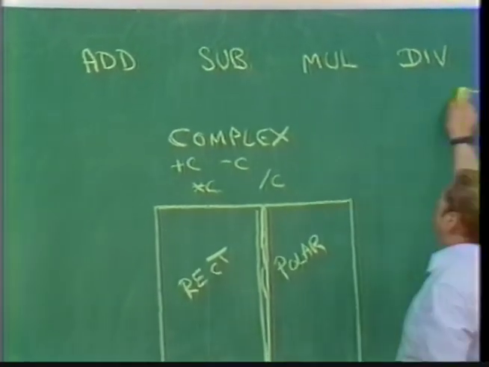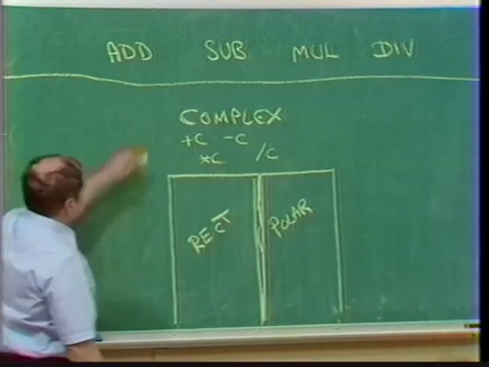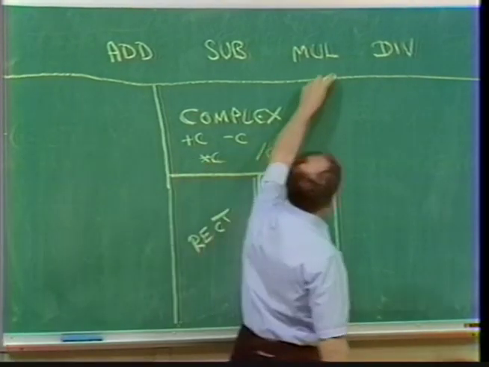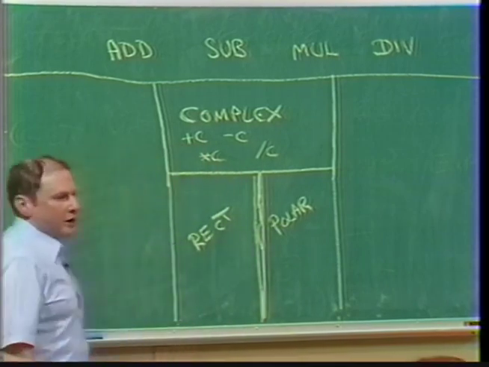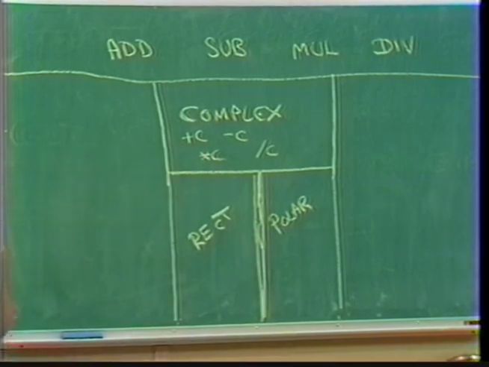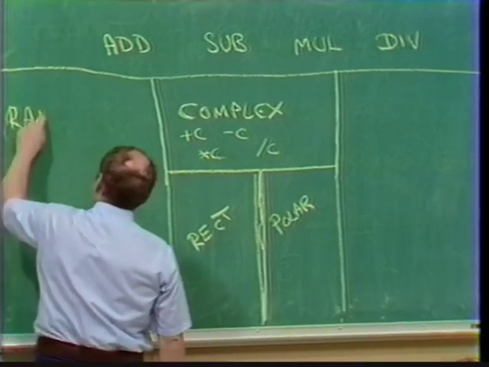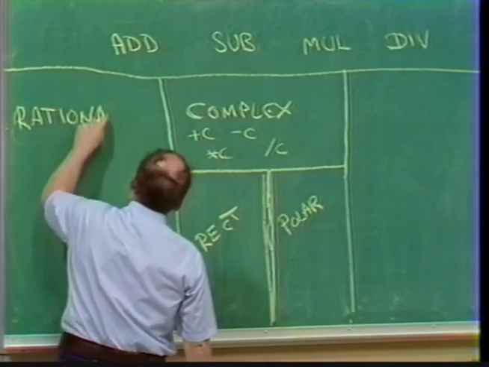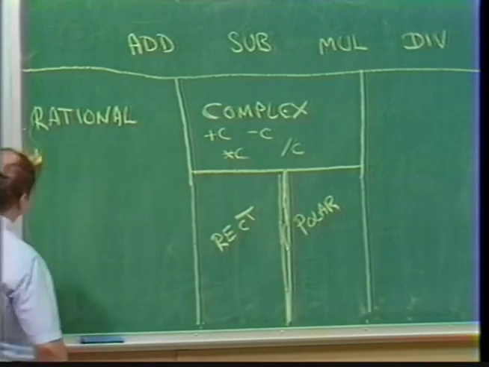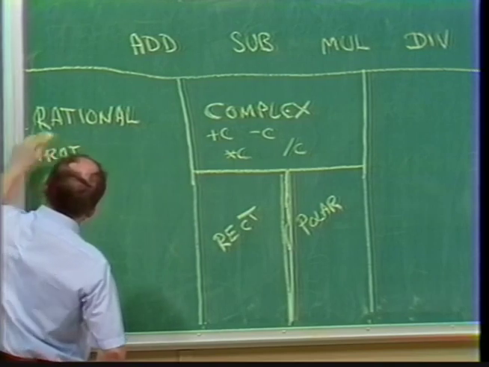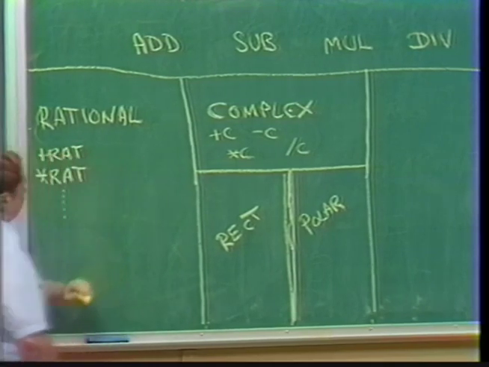And underneath that, there's an abstraction barrier. And underneath this barrier is, say, a complex arithmetic package. And you can say add two complex numbers. Or you might also have, remember we did a rational number package, you might have that sitting there. And there might be a rational thing. And the rational number package has things we implemented, plus rat and times rat, and so on.